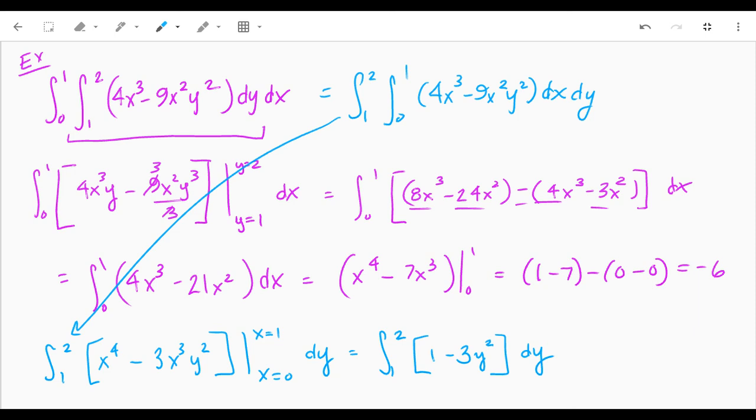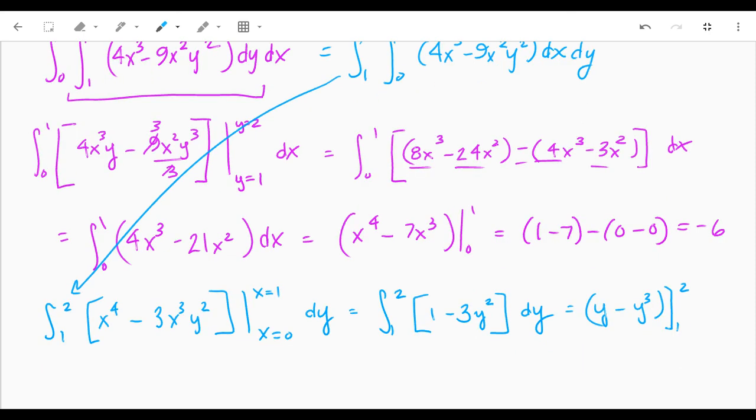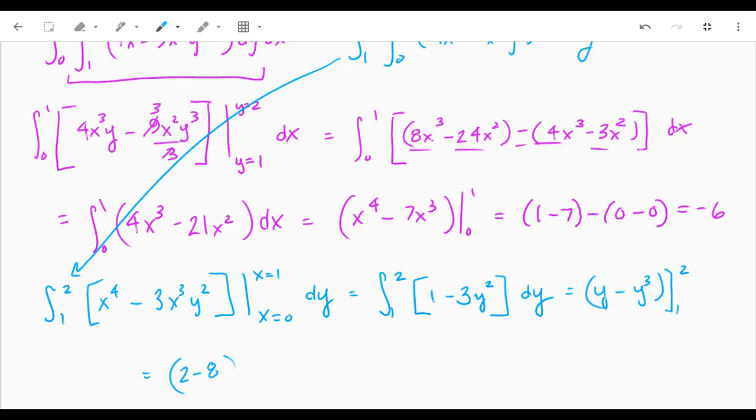And so then we'd integrate that, and we'd have y minus 3y cubed over 3, so just y minus y cubed, evaluated from 1 to 2. So then we'd have 2 minus 8 minus 1 minus 1, and we get our negative 6 again. So again, if you want to rearrange it like that, you can.